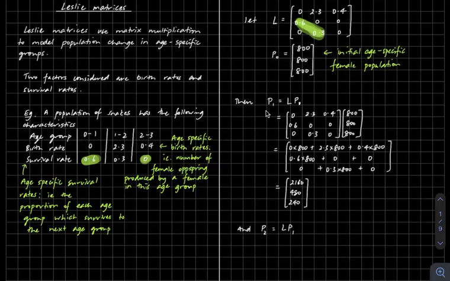So basically use these numbers now as my population, multiply them by the Leslie matrix again, and we'll find the age-specific female population in each of those age brackets again after 1 year.